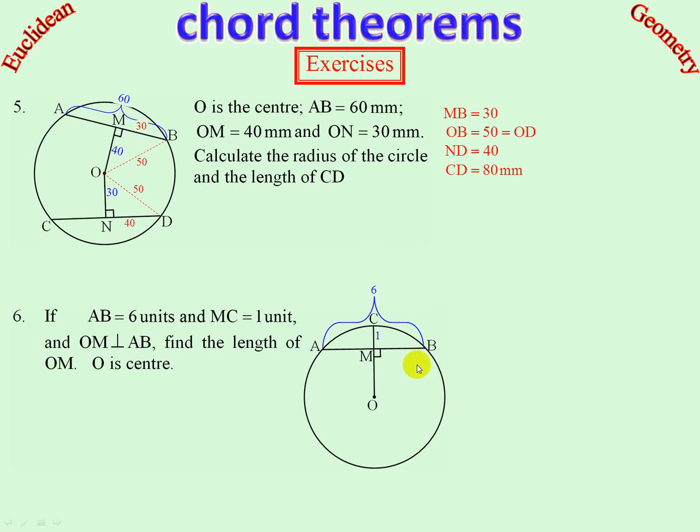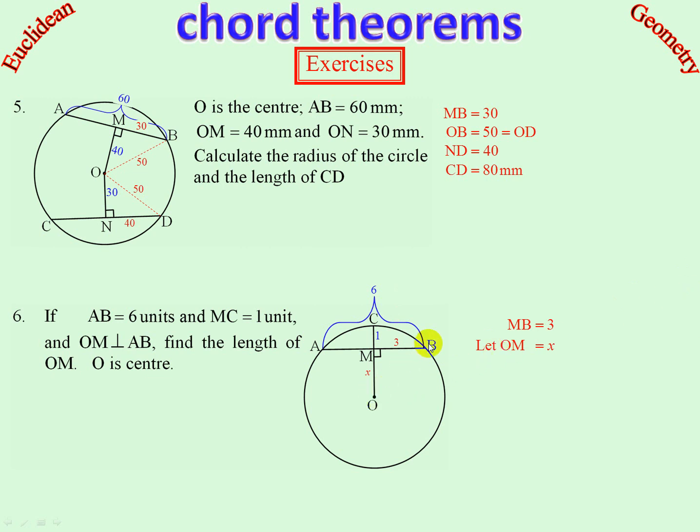Number 6. Length of OM. Well, we know that that's a perpendicular, therefore we know that that is half. And we're going to have to let the radius or OM be x. There we are. Better to let OM be x because that is the length we're trying to find.